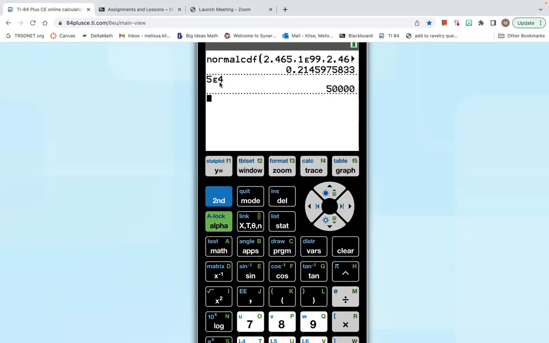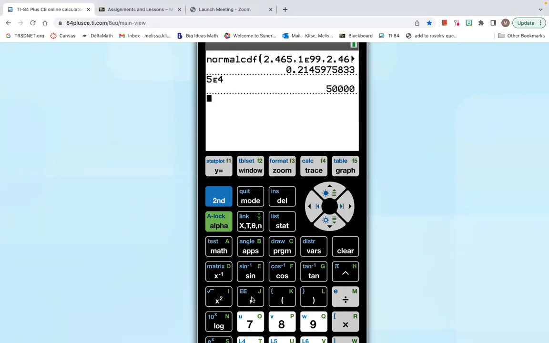I think it was working for me before because I was doing the alphabetical E. Yes, that could be the problem. Sometimes 1 and 0, 0, 0 gives you the wrong answer. So use the E above the comma, because that is the scientific notation E.